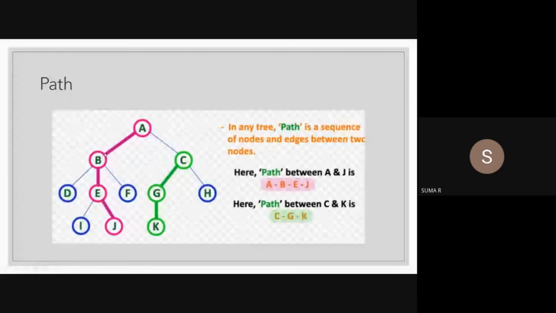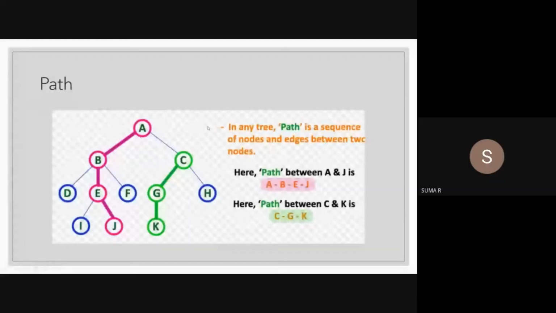So, this is the path from A to J. Similarly, from C to K, C, G, G, K. This is the path from C to K. So, path is the sequence of nodes and edges between two nodes.